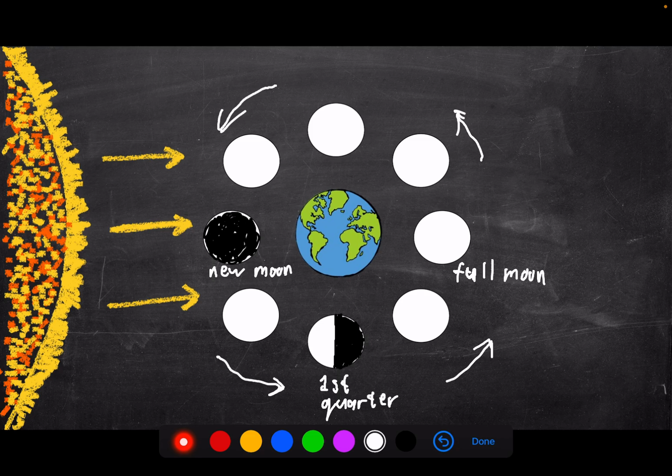All right, next one we have, okay, I'm not going to say this middle one yet, but then we have the full moon, and then after full moon we have third quarter, because it's 3 quarters after the new moon. So third quarter, and again, it looks like half moon, right? But now the shadow's on the side of the moon, right?